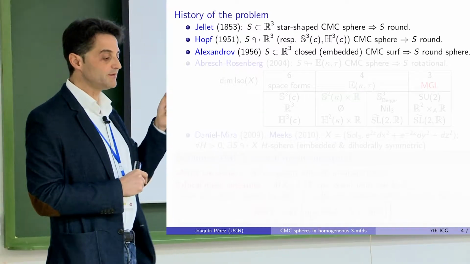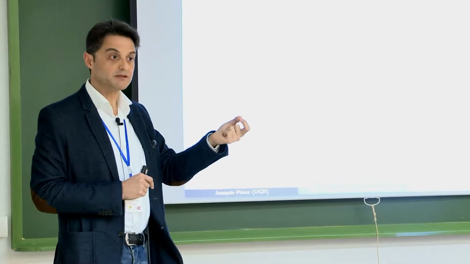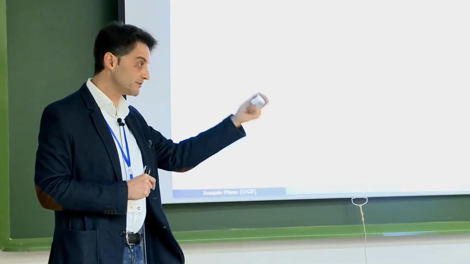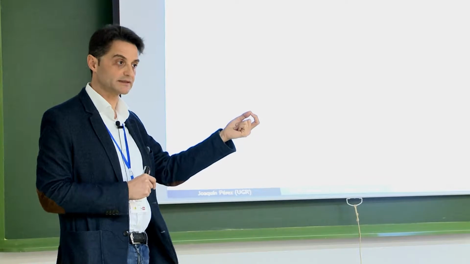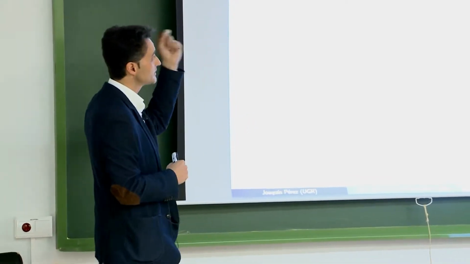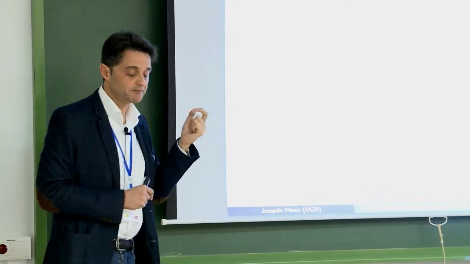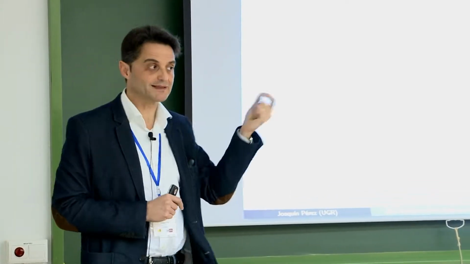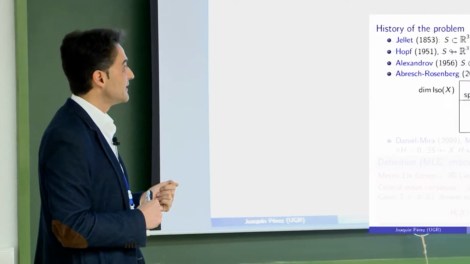So in particular, if you are working with spheres, the holomorphic quadratic differential has to vanish identically. But a zero of the Hopf differential means an umbilic point of the surface. So this plus compactness of the surface means round sphere.